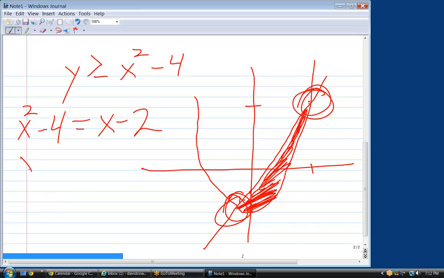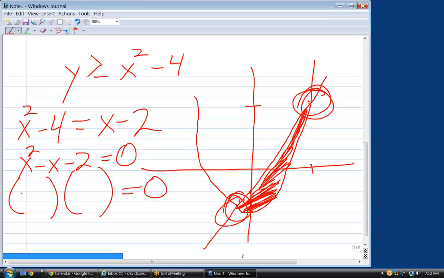So I have a quadratic: x squared minus x minus 2 equals 0. How's that factor? x minus 2, x plus 1. So this point right here must be 2, and this point right here must be minus 1.